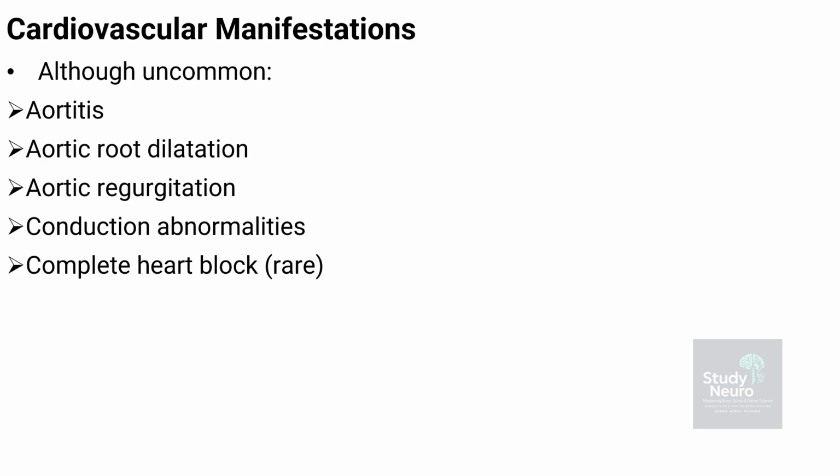These changes usually develop over time. Most conduction abnormalities are mild, but complete heart block can occur in rare cases and may require specialist cardiac management. Early recognition is important, especially in patients who develop new cardiovascular symptoms.